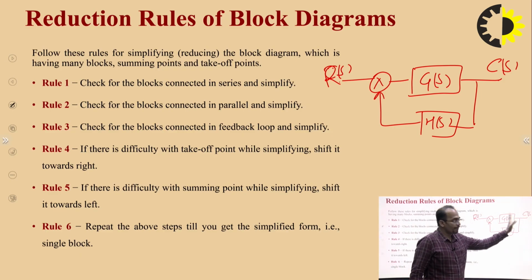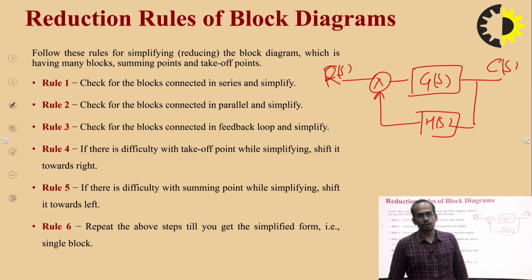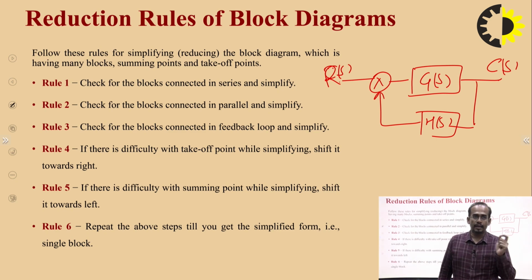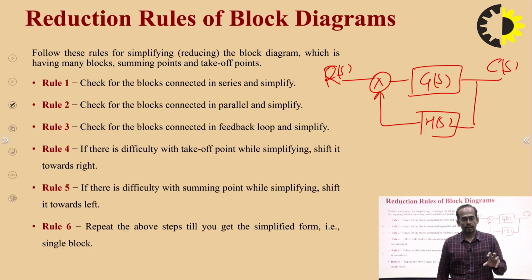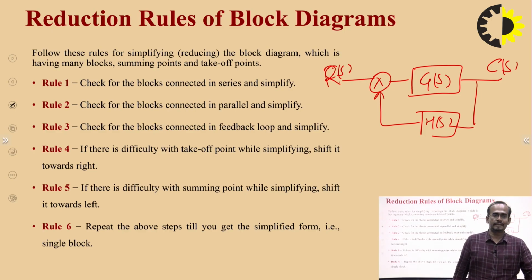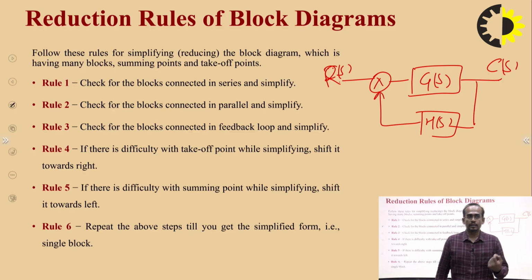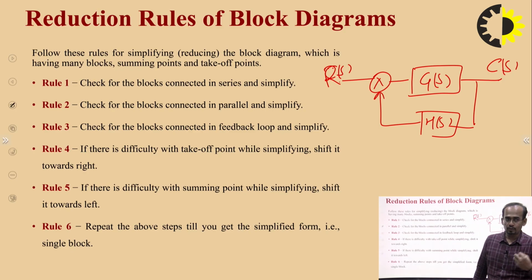So the takeoff point for any block diagram of any closed loop system should be to the right of the blocks and the summing point should be to the left of the blocks, so that you can easily simplify in the form of the closed loop canonical system or closed loop control system.